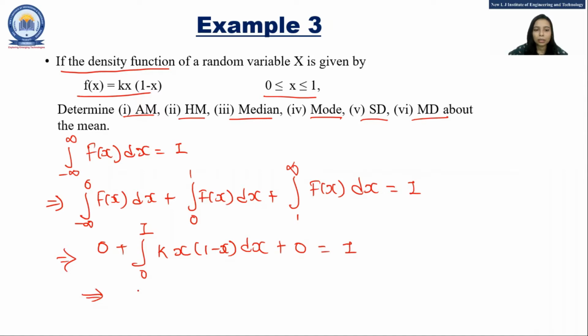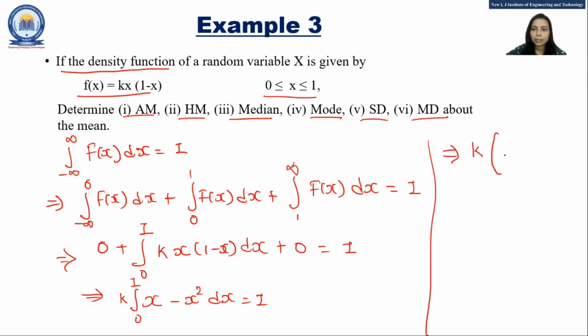So that implies 0 to 1, k would become common because that is the constant, (x minus x squared) dx is equal to 1. And that implies k into (x squared divided by 2 minus x cubed divided by 3), 0 to 1 is equal to 1.